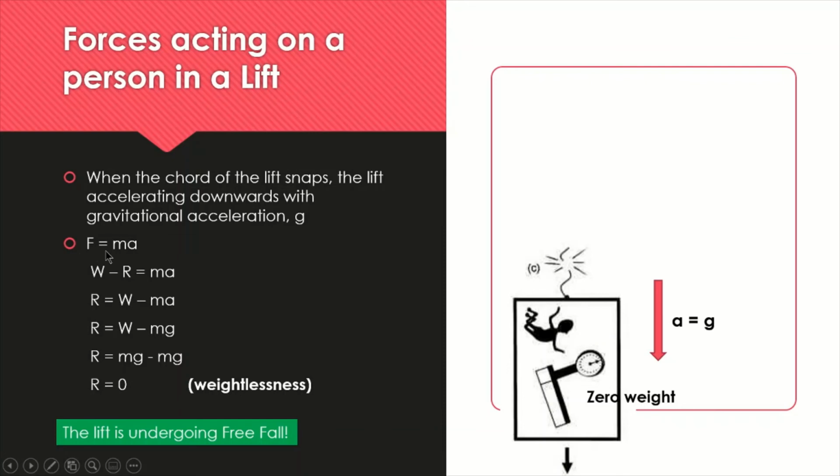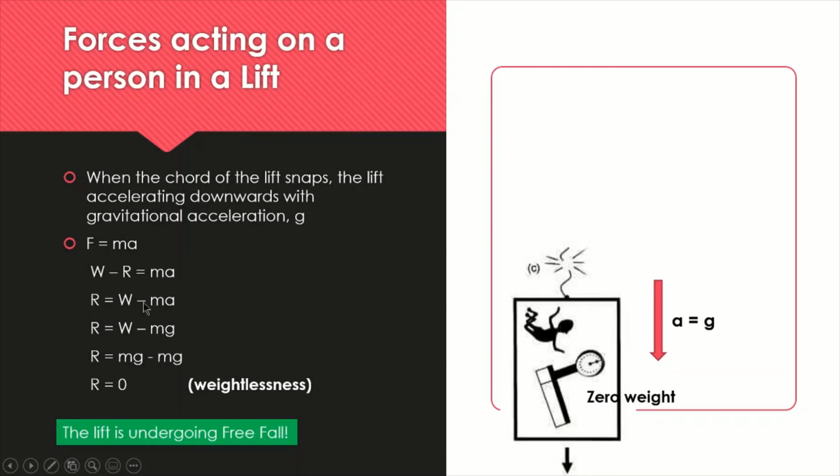So using F equals ma, W is downwards, so W is positive. R is upwards, so R is negative. Therefore, W minus R equals ma. Rearranging it, R equals W minus ma. But now our a is g, the gravitational acceleration.